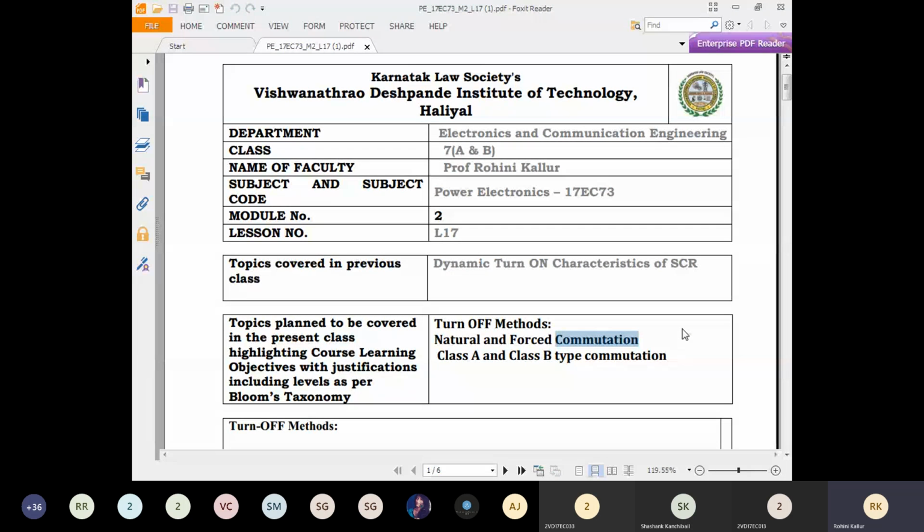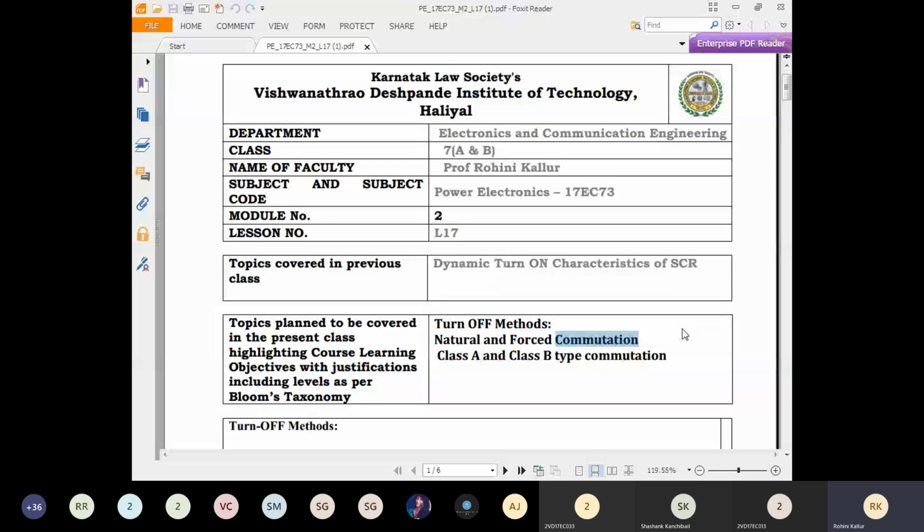While dealing with the characteristics, we have seen that if the current is less than the holding current, then the device will be in off condition. IH, the holding current, is the minimum current required to keep our SCR in the on condition, below which the device will be off.